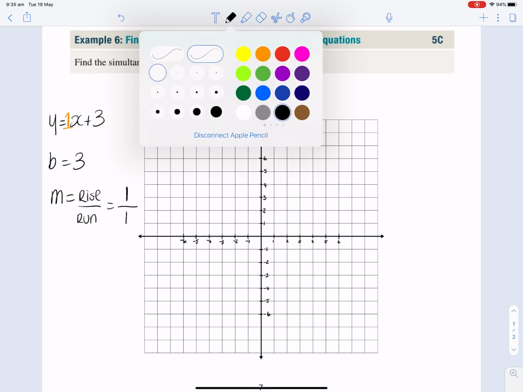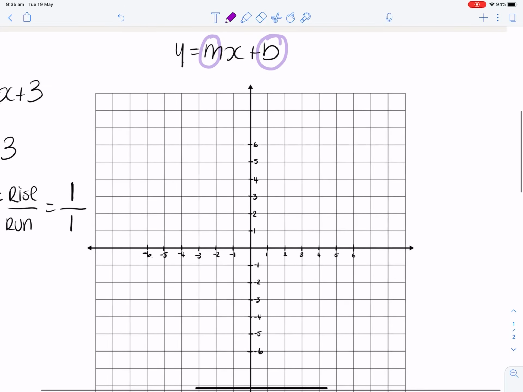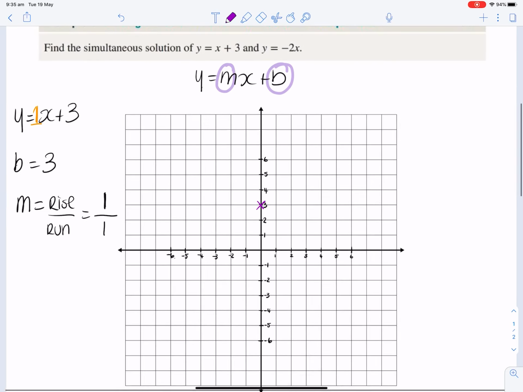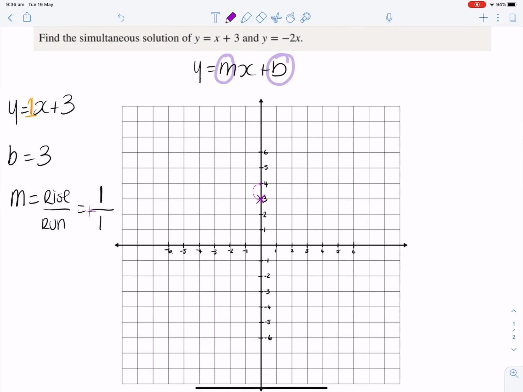I'm going to do this equation in purple, so it stands out. Starting always with your y-intercept, at 3 I'll put a cross, and then I want to work with my gradient. Rise means I'm going to go up by 1, and run means I'm going to go left to right 1. Because it's positive, I'm going to the right. That brings me to here, and there's my second point.